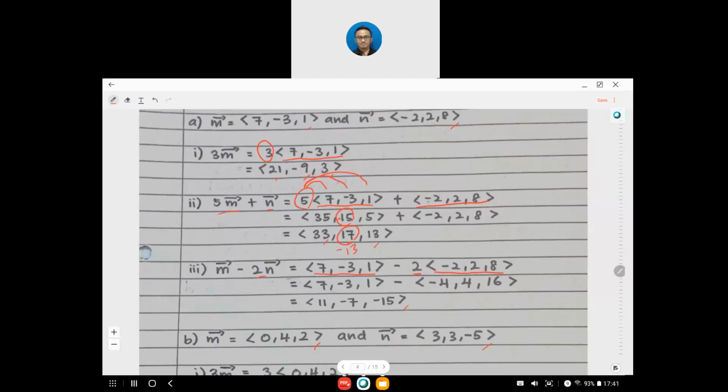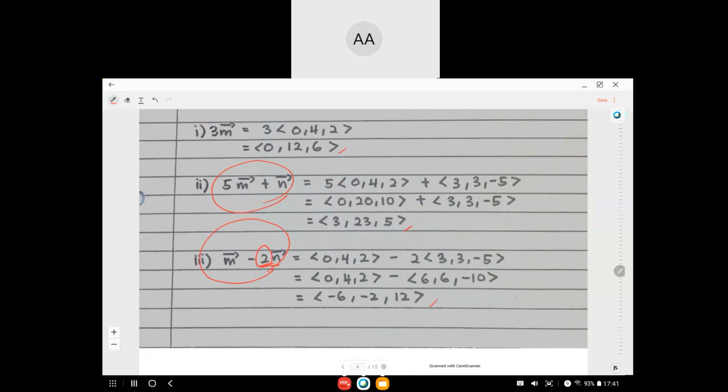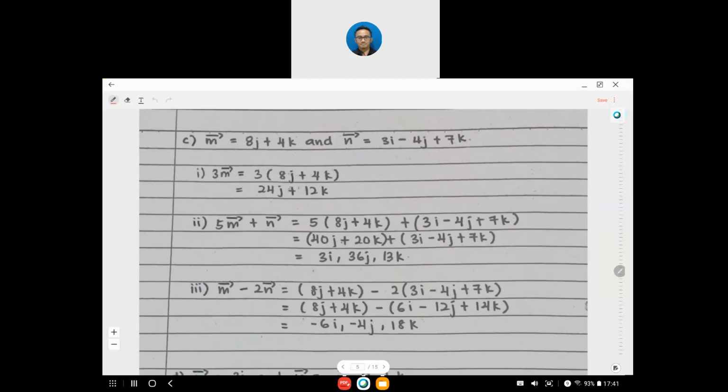For A, negative 15. So your final answer is 33, negative 13, and 13. Is it correct? Correct. Good, don't be silent. It's good that you are alert; that's how you can sit for the final exam.